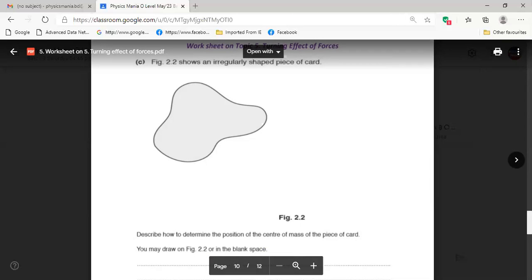Where is the position of the string? There is the plumb line, right? Yes. That is marked by a ruler and pencil, right? Yes, sir.